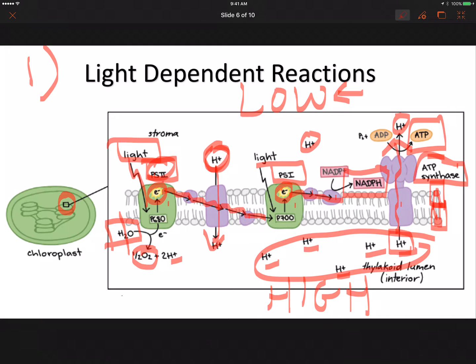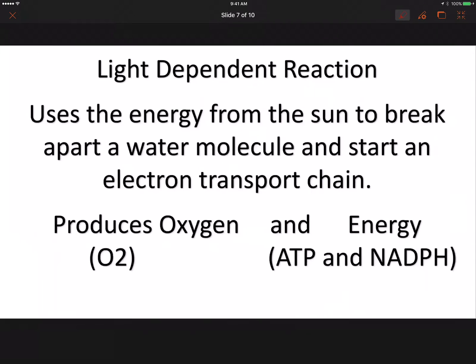So my electron transport chain, ETC, produces another type of chemical energy called NADPH. So NADPH and ATP are used in the next portion of photosynthesis.